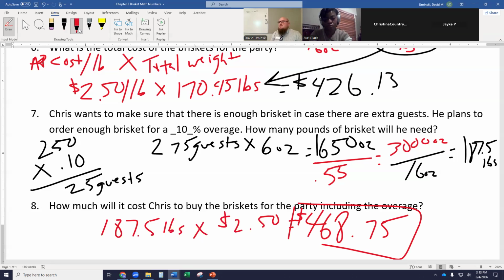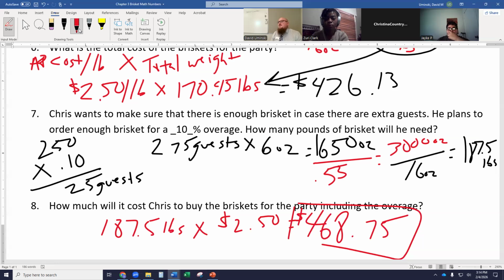Questions, comments, concerns? There is a math problem just like this at the end of your chapter 3 quiz. That will come after your chapter 3 quiz is due and turned in.